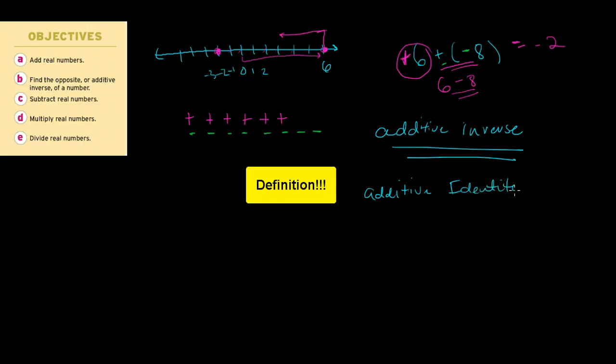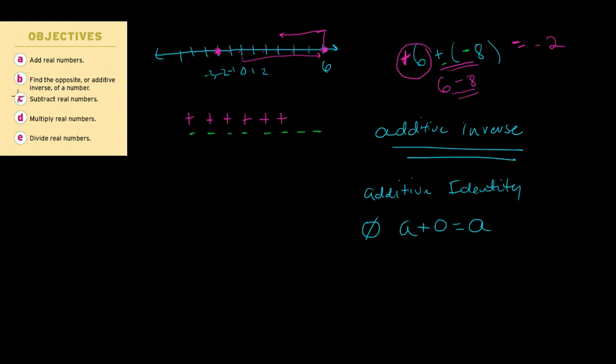And the additive identity is 0, right? Basically, what that means is any number in the world plus 0 is that number. If I add 0 to 5, I still have 5. If I add 0 to negative 5, I still have negative 5.